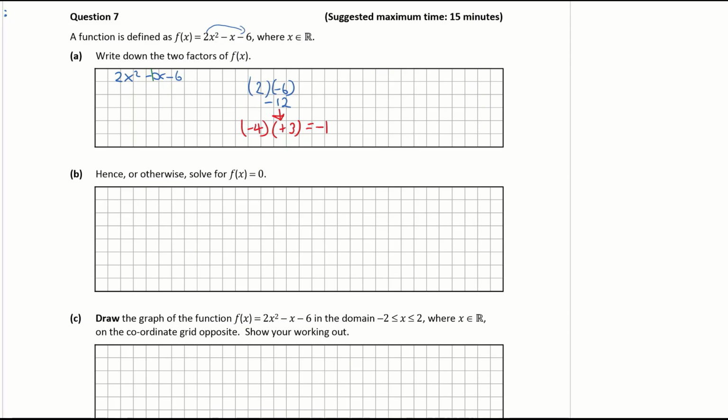So I'm now going to rewrite my function, 2x squared, and I'm now going to insert my 2 factors as my replacement for minus 1x. So that becomes minus 4x plus 3x, and then take away my minus 6. So still minus 4x plus 3x still gets me back to minus 1x.